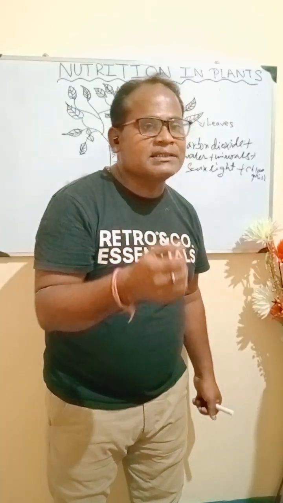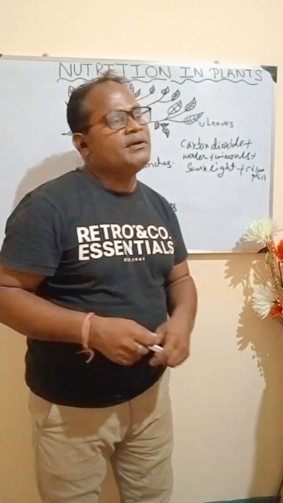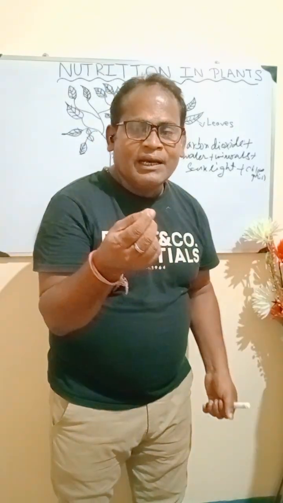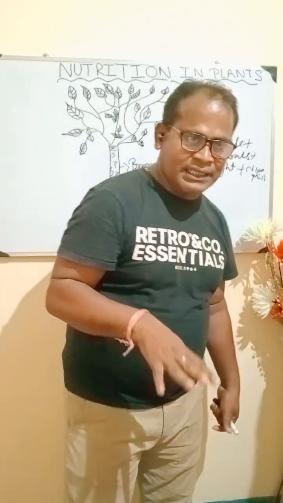The food that gets made is starch, or you can say carbohydrates. And even plants need protein. The plants successfully make proteins with the help of nitrogen that enters the plant body with the mineral water collected by the roots.